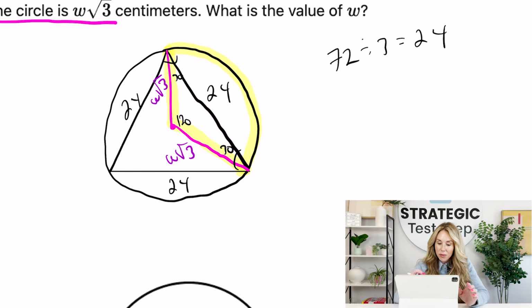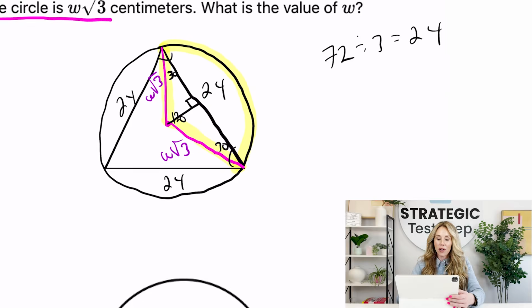So let me squeeze that in. Okay, I'm going to blow this up so you guys can see this. Okay, what I'm going to do is I'm actually going to divide this in half to make a right angle, because I already see a square root of 3. And whenever you see a square root of 3 on this test, I want you to think special right triangles 30, 60, 90, because a square root of 3 is one side of that special right triangle.